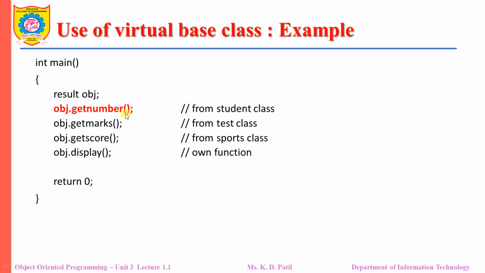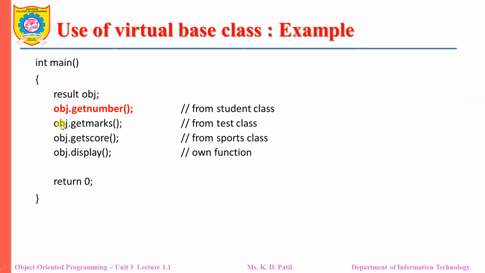Now if you observe, the get number function could be inherited two times by the derived class result, but as we have declared that base class as a virtual class at the time of declaring the immediate or direct base classes of the derived class result, only one copy of get number will be passed to the derived class, that is our result class.